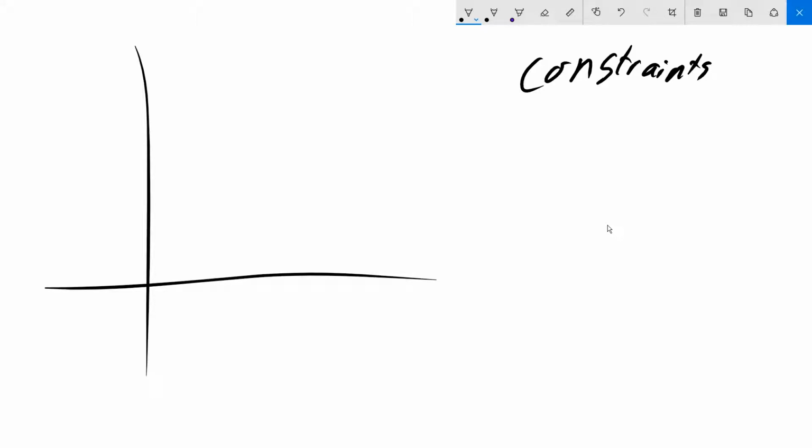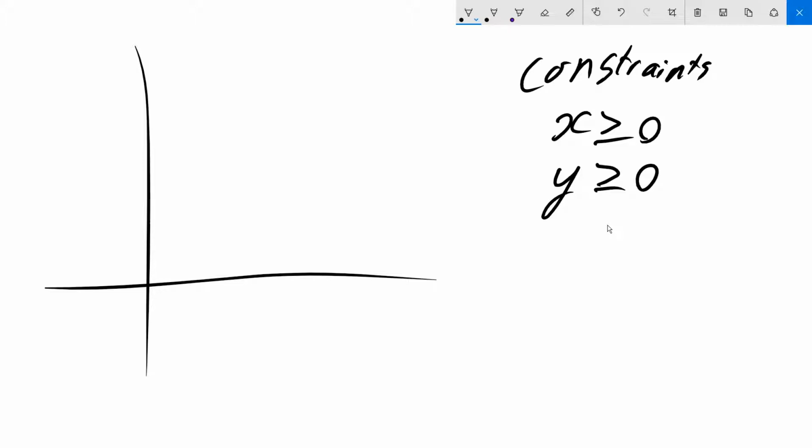So if this was our graph here, there's a couple constraints that are given automatically. We don't like dealing with negative numbers when we linear program, because why would you have negative profit when you can just have cost and make that positive? So it just doesn't make sense.